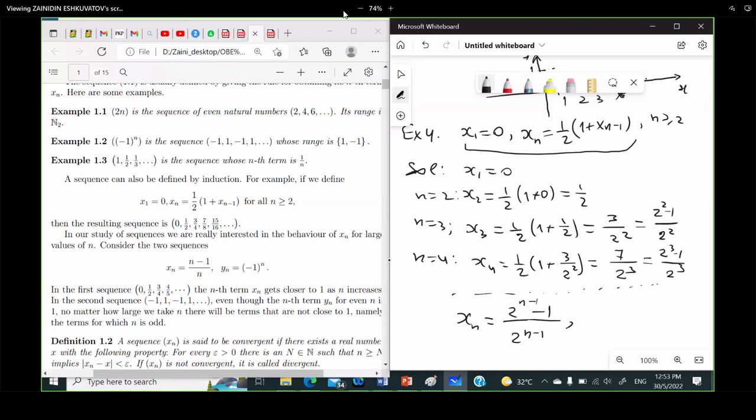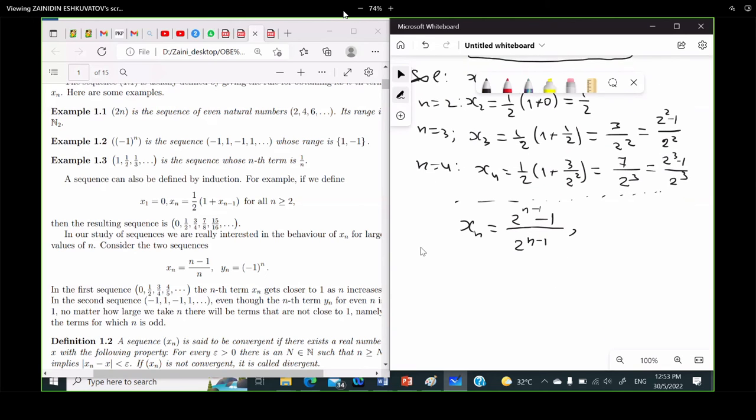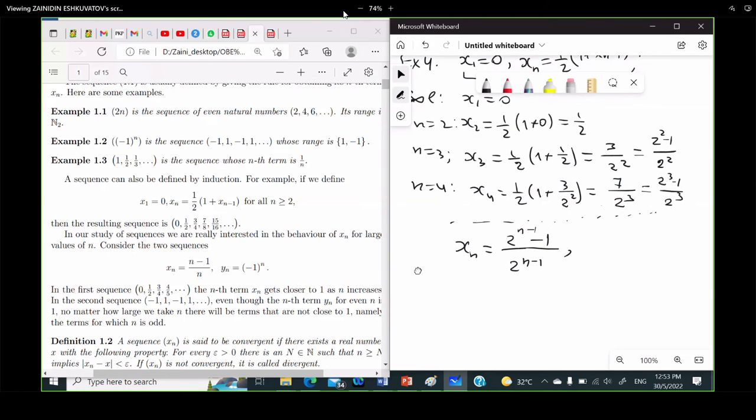Now, can you show me the range of this sequence? Where is the range of this sequence? When I say the range, I will write like this. Okay, n starting from 2, because it is stated that n starts from 2.